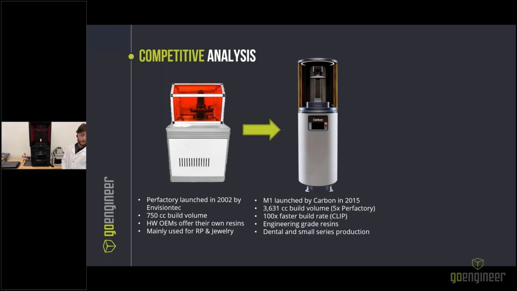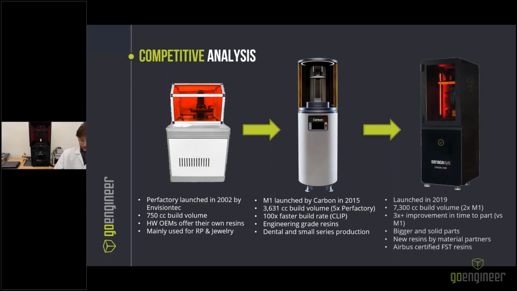With that, they also presented engineering grade resins for high performance uses. The Carbon was mostly offered towards dental and small series production environments. And it did a very good job at the start.